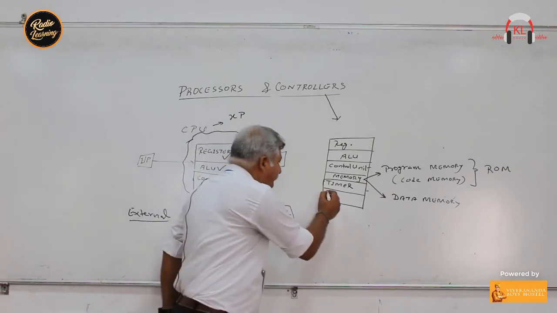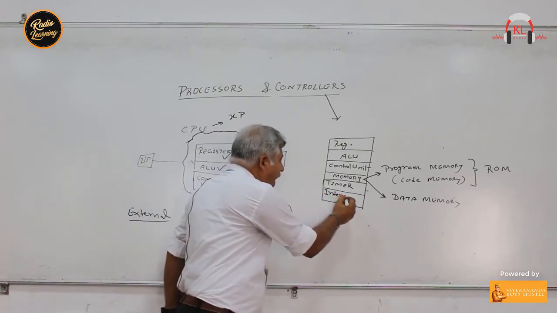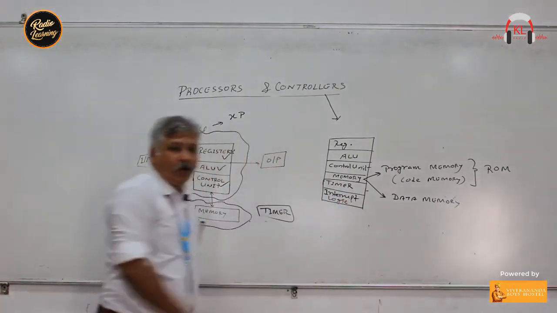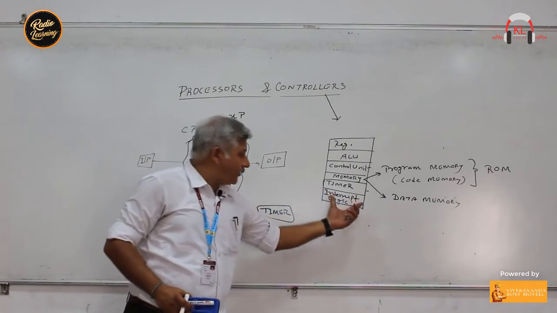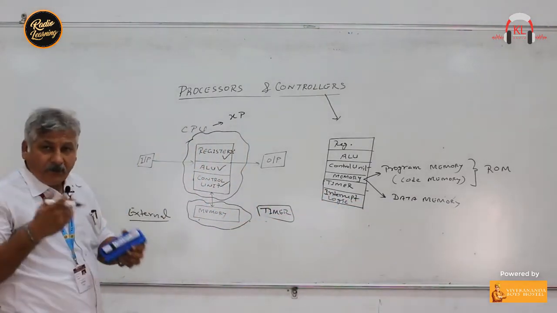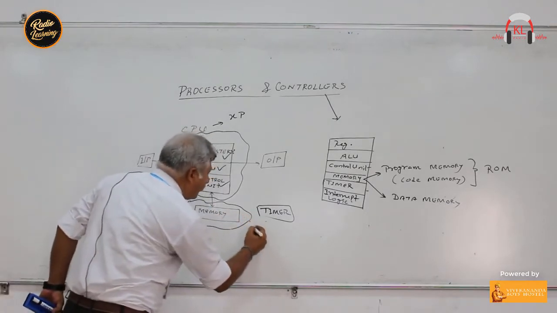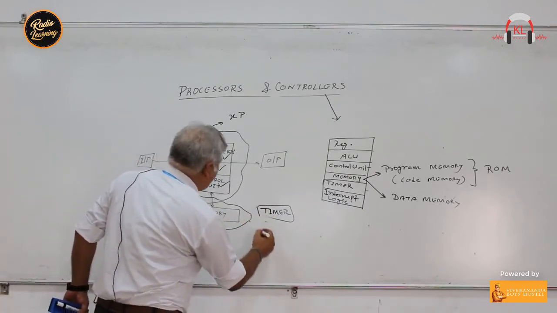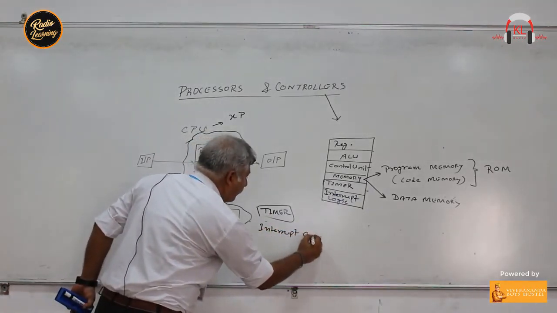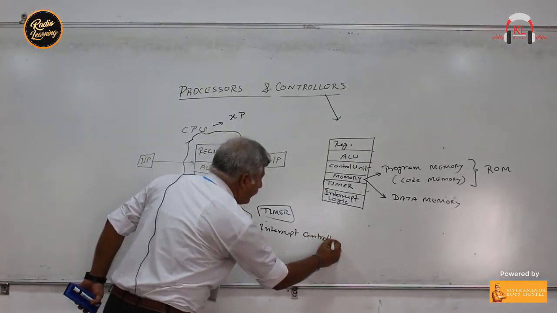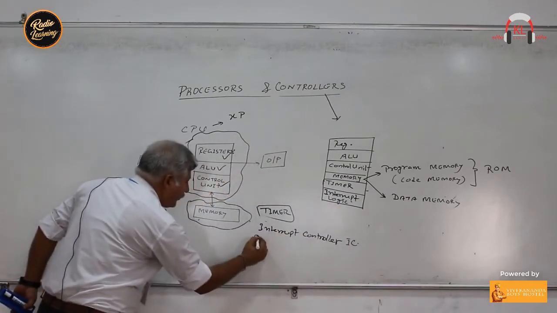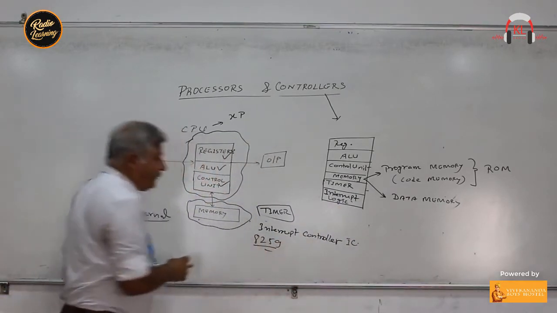Another thing, interrupt logic, right? So interrupt logic is part of the microcontroller. Whereas in the case of the microprocessor, there is a special chip called the interrupt controller IC, 8259.